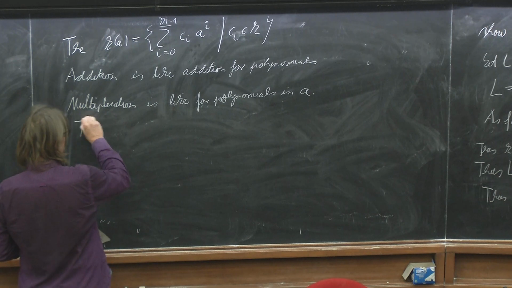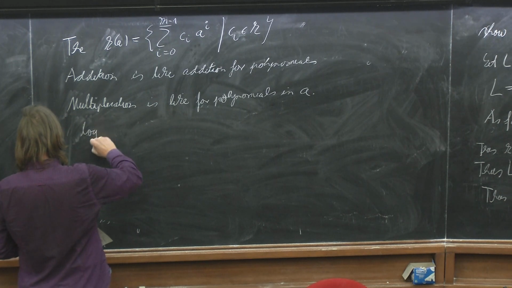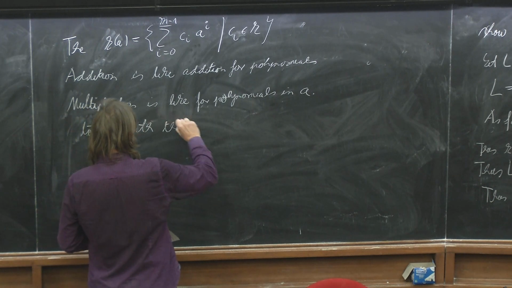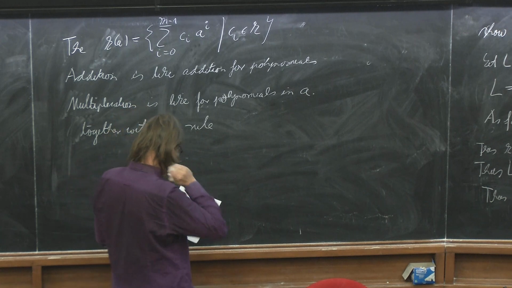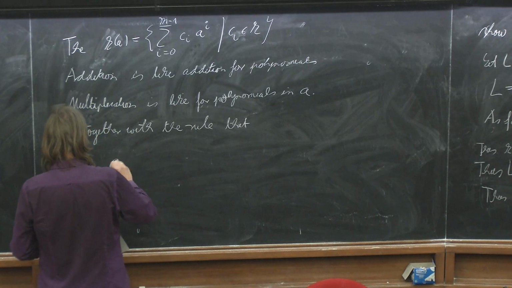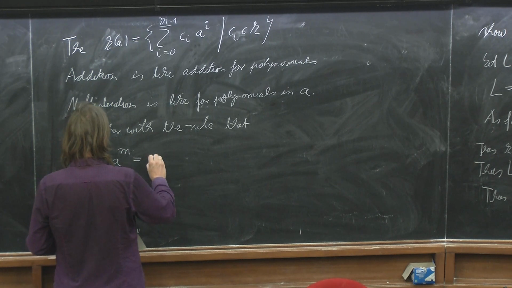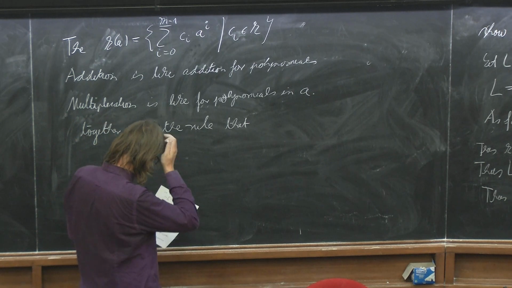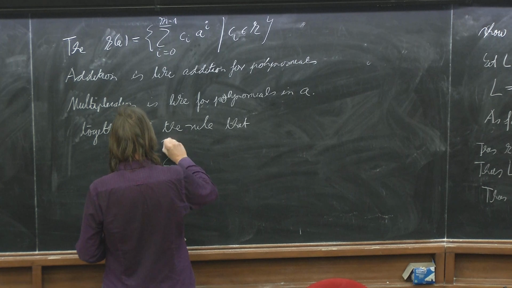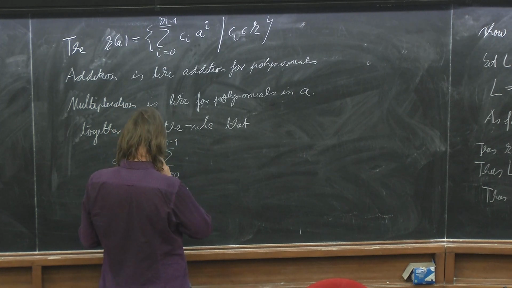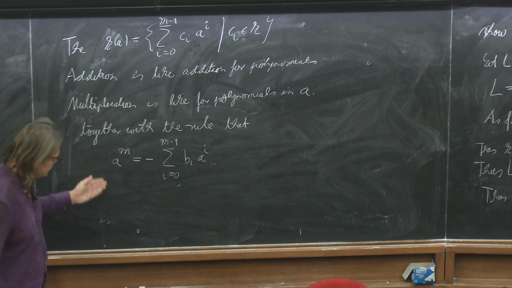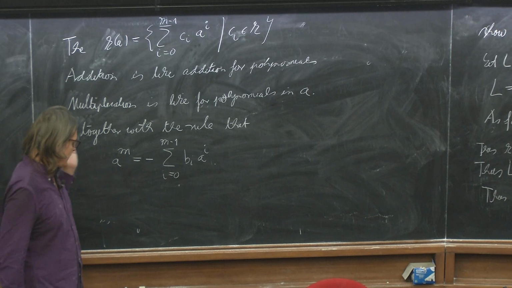Together with the rule that if I have a power of a which is at least m, this is just minus the sum i equals 0 to m minus 1 of b_i a to the i.